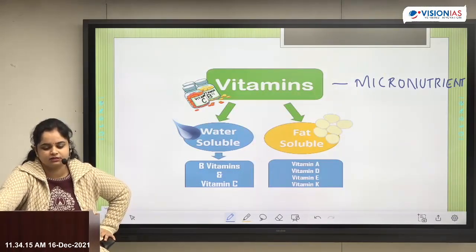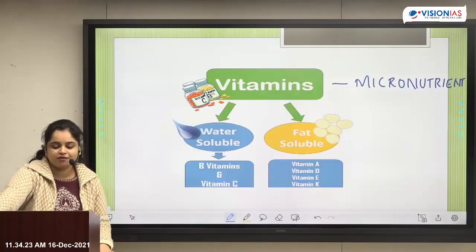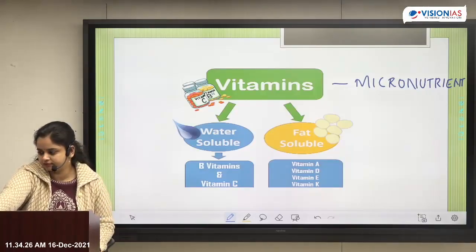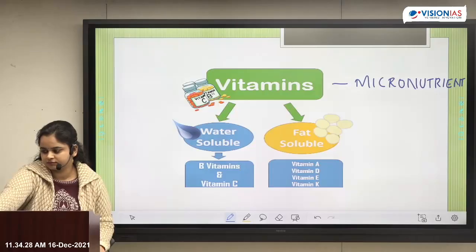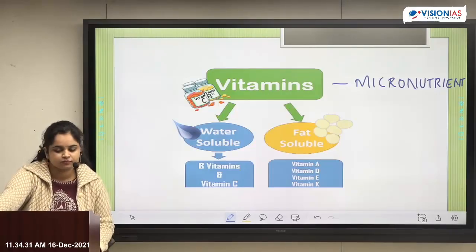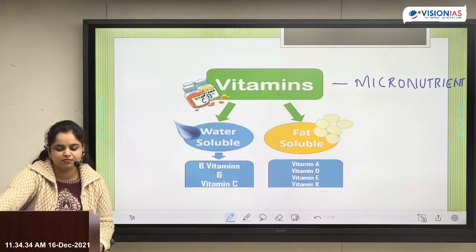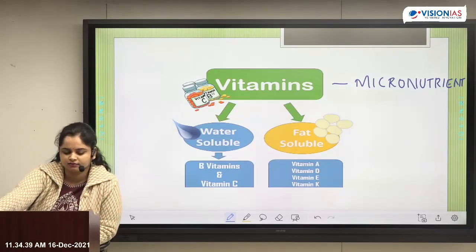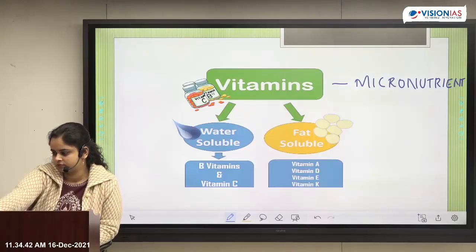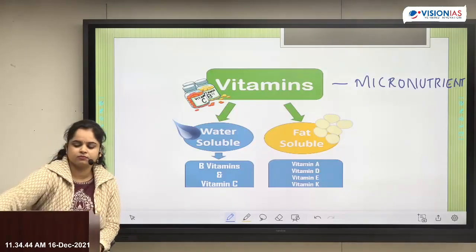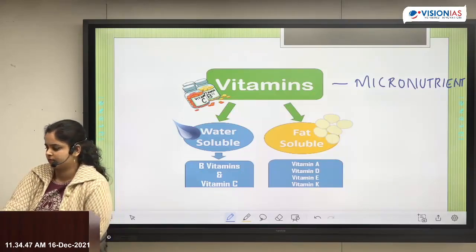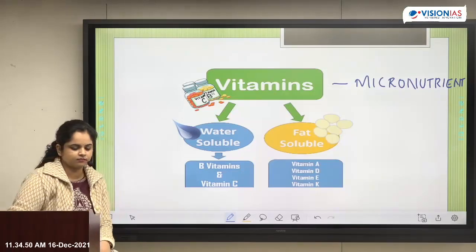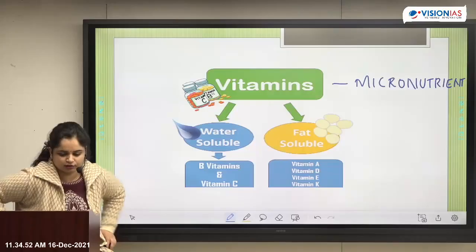Most of the vitamins cannot be produced in our body, and have to be taken as a part of our diet.